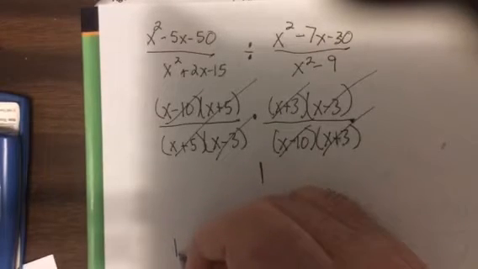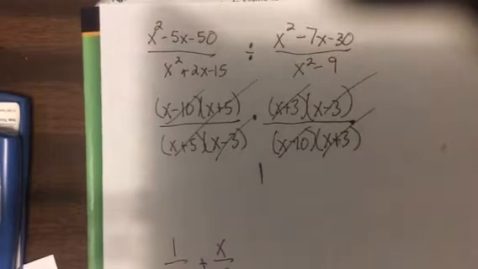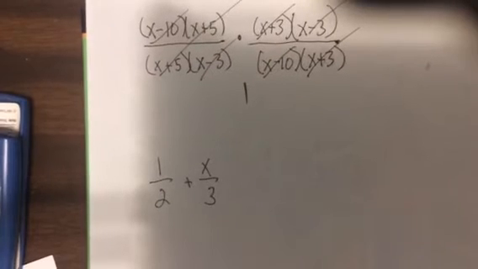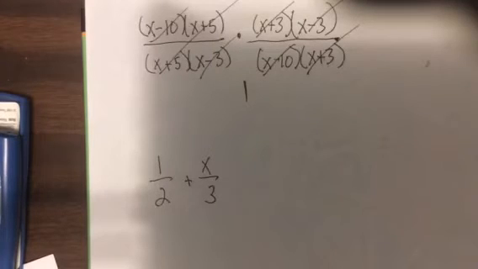So if I have 1/2 plus x over 3. Now, if you remember adding fractions, you got to get common denominators. It's like recutting the pie, so each pie is in the same number of slices and the same size slices.